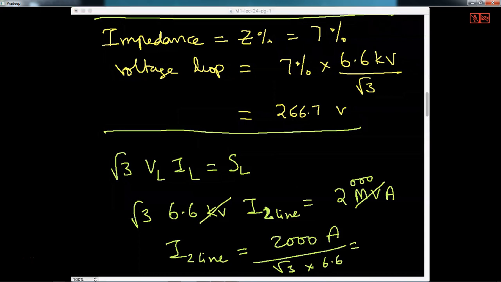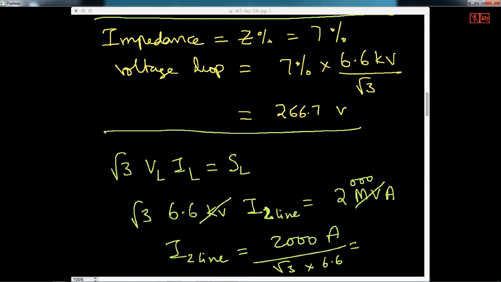Let me just once again check. 2000 divided by 1.732, that is 2000 by root 3, again divided by 6.6. Yes, so I'm getting 175 amperes. So this is the line current in the full load, but because it is star connection, so I2 full load per phase is also equal to 175 amperes.